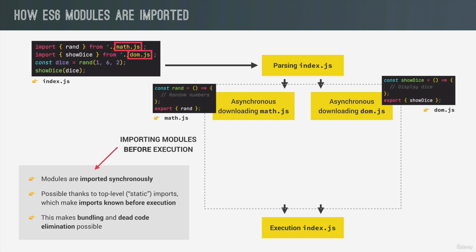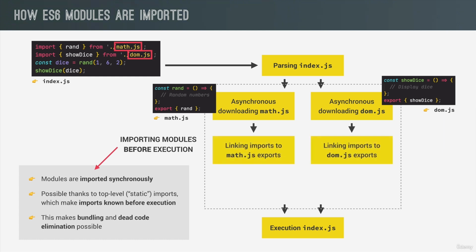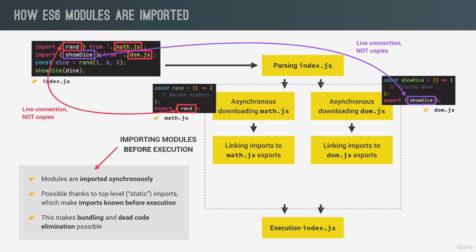Okay? Then after a module arrives, it's also parsed, and then the module's exports are linked to the imports in index.js. So for example, the math module exports a function called rand.